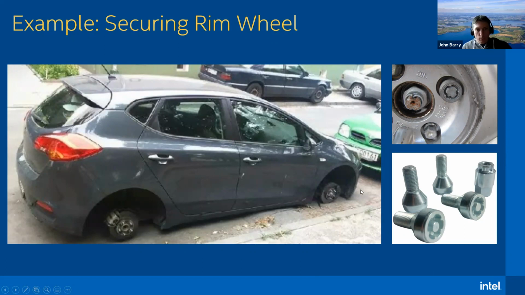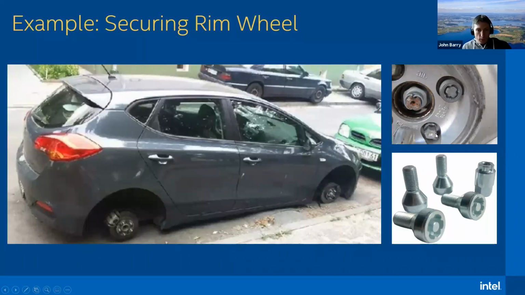This is an example of a case where, to prevent the wheels getting robbed off of cars, they put in one stud which required a particular special key to open it. But rather than changing all of the studs on the wheel to be lock studs, they just put in one lock stud on each wheel, on the assumption that that would stop the wheels getting swiped.